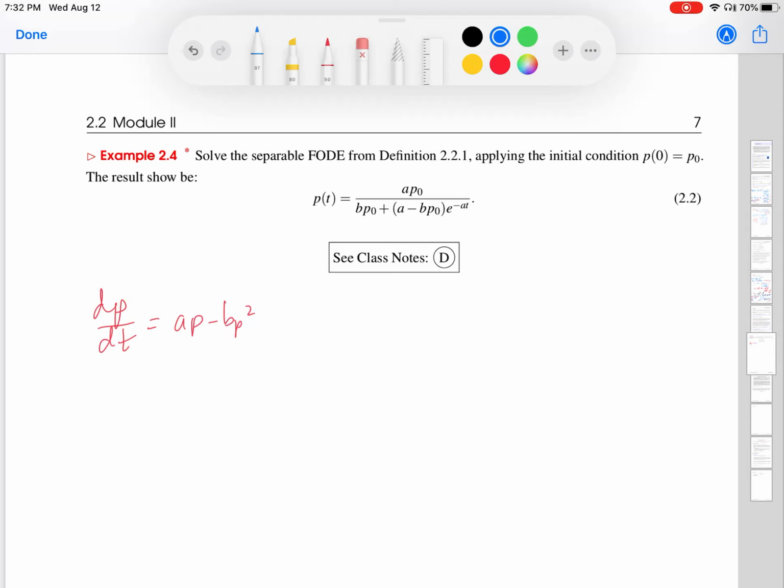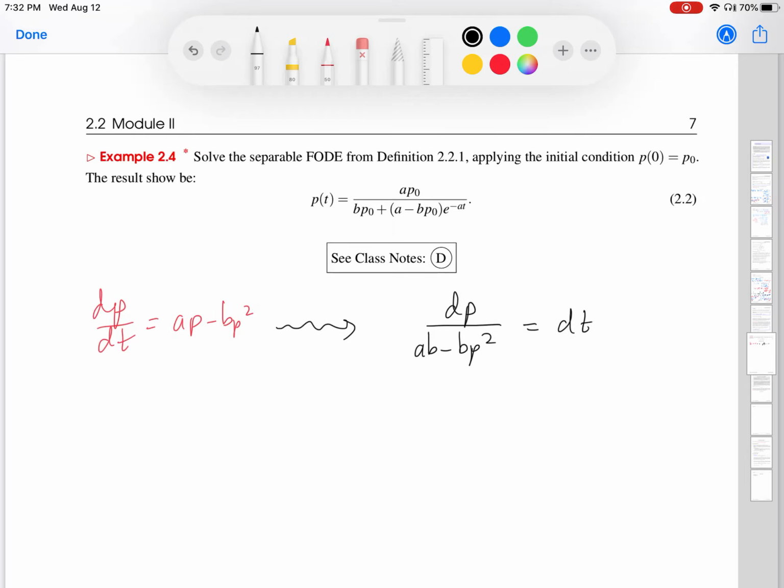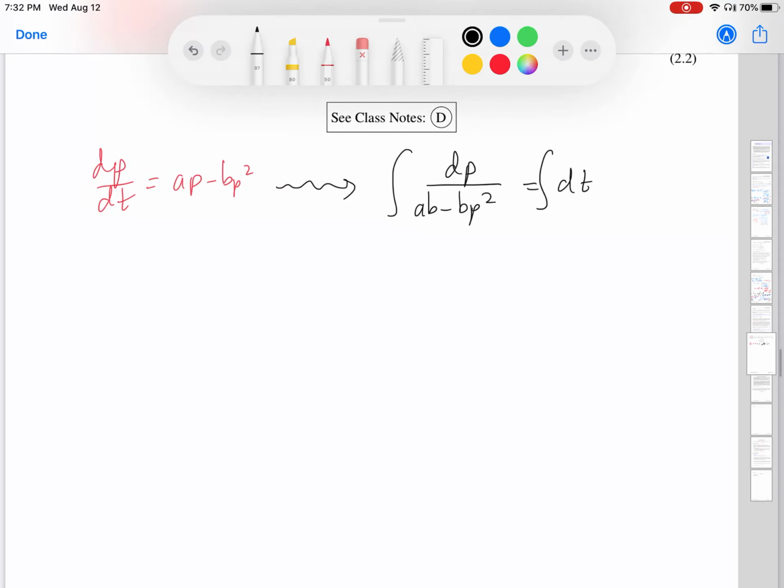And indeed it is, but it's not so clear perhaps that it's separable, because what we have to do, if we take the shortcut, the quick way to solve this like we talked about in the first class notes in this lesson, is separate the variables here, and we get all the p's on one side, all the t's on the other. On the right-hand side, that antiderivative is pretty straightforward.